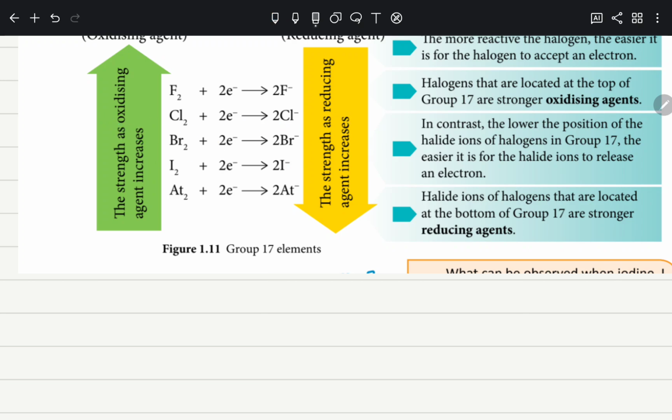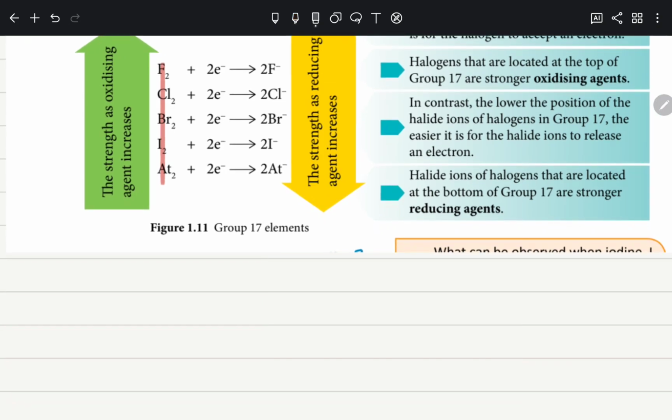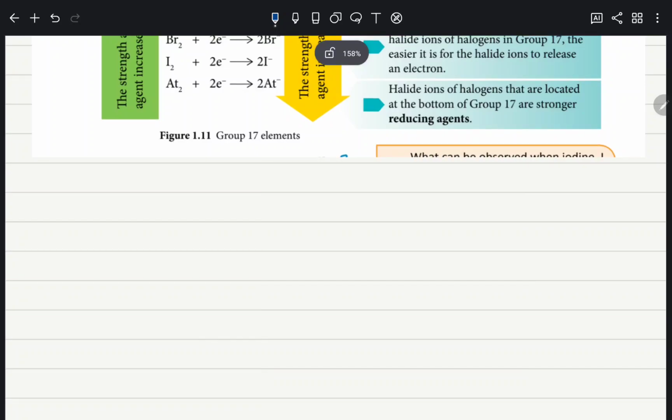As long as you can identify your halogen, what agent, what process, is good. So remember, halogens will always accept electrons, so they will undergo reduction. So all of these fellas will undergo reduction.